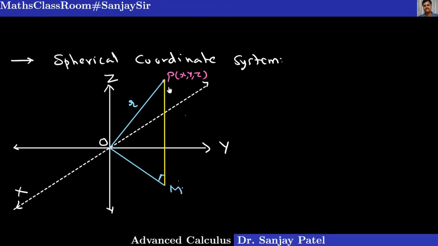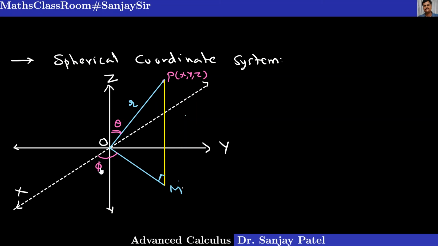The angle between the line segment OP and the z-axis, in 3 dimensions, is denoted by theta, and the angle between the line segment OM and the positive x-axis is denoted by phi.